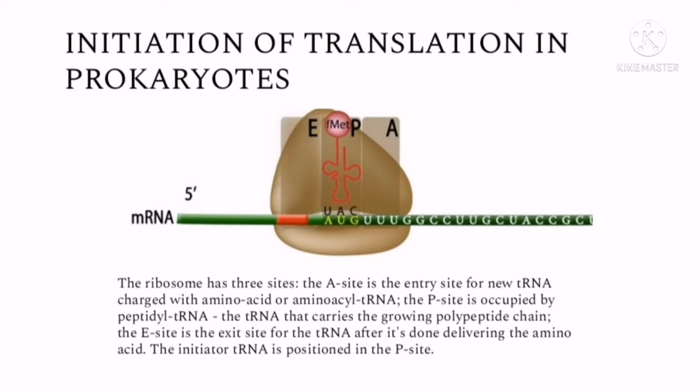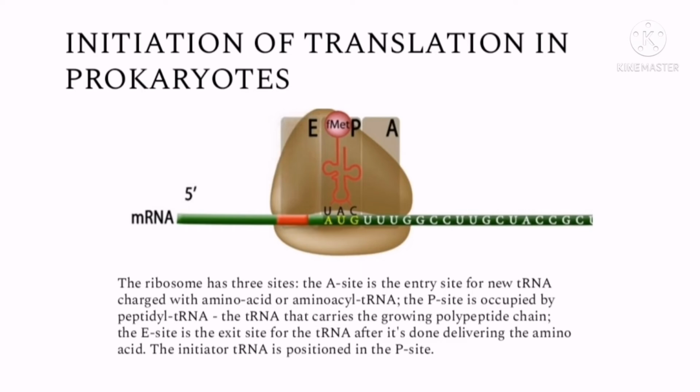The P site is occupied by peptidyl tRNA, which is the tRNA that carries the growing polypeptide chain. So the middle part, the P site, is occupied by a peptidyl tRNA, which carries the growing polypeptide chain. As you can see here, the P site is occupied by this red figure.